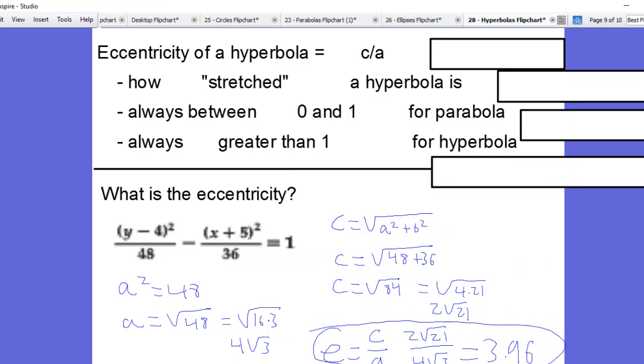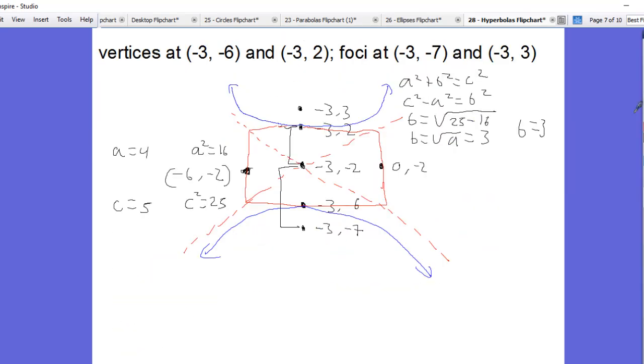All right, so that's our video on hyperbolas. I guess one last thing, I forgot to write the equation here.